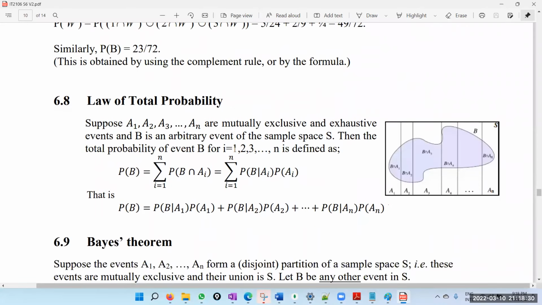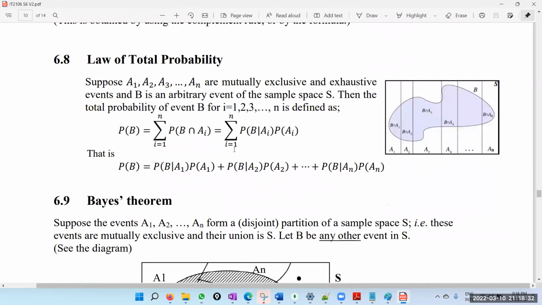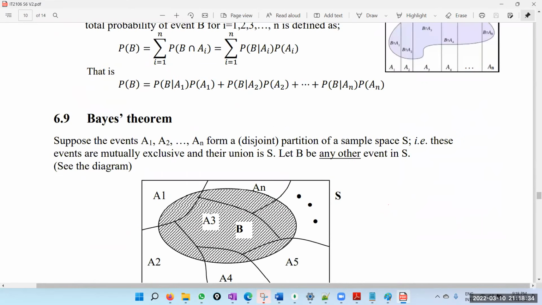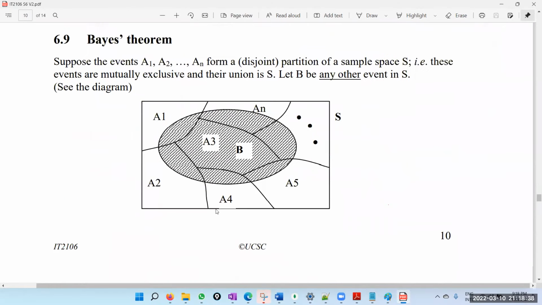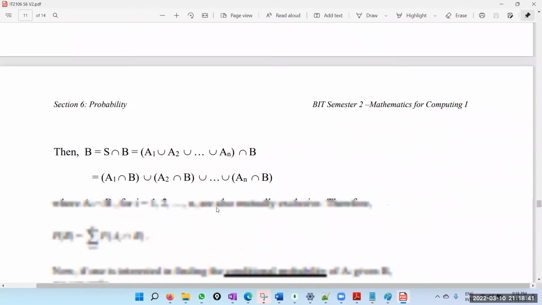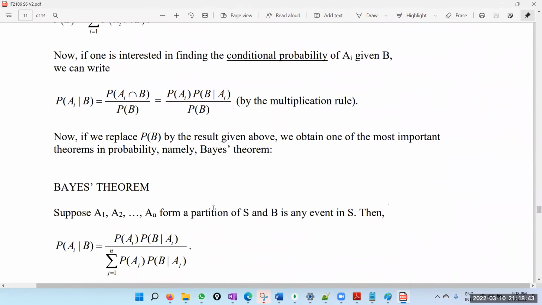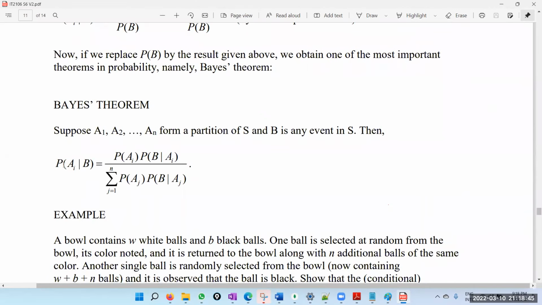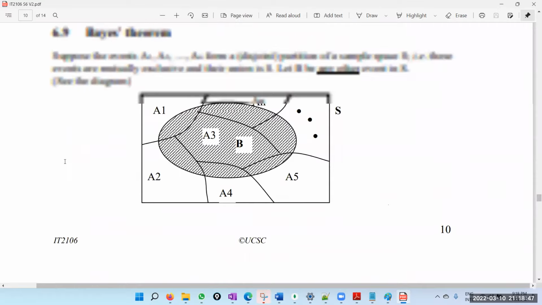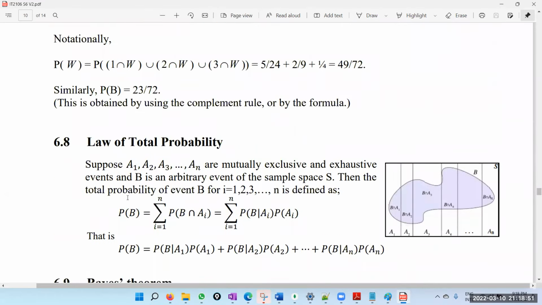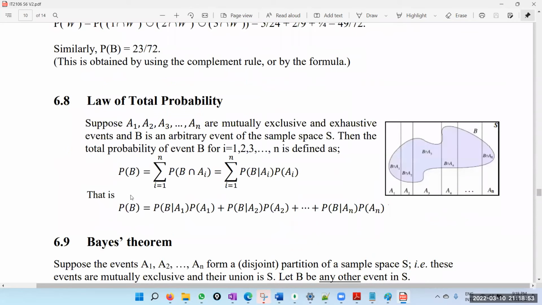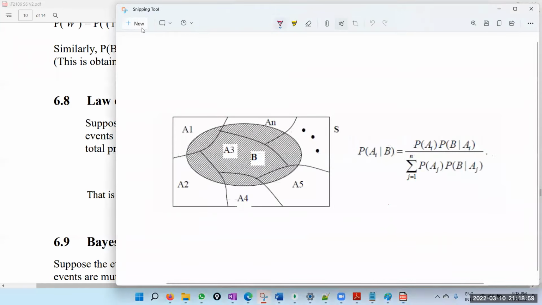Total probability law is pretty much like the Bayes theorem, but there we check, given B, what is the probability of A1? Given B, what is the probability of A1? That is the Bayes theorem. The law of total probability says, let me copy this. So we'll do that part also. Okay.